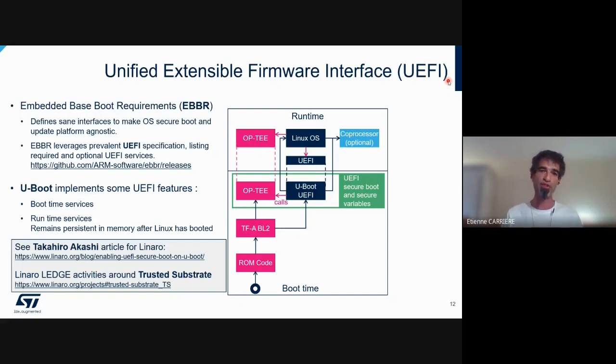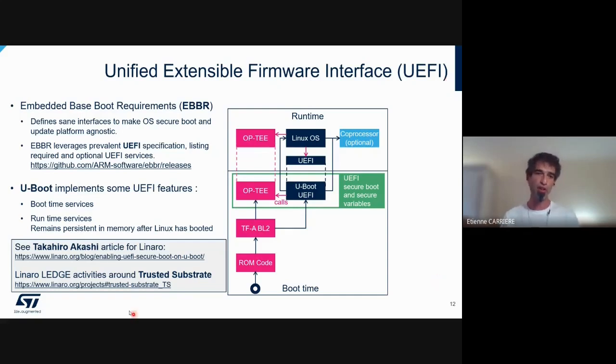for an OS to install and to interact in an ecosystem. And it's something that Linaro is also working on, especially in this project around trusted substrates. We put some links in the slide.